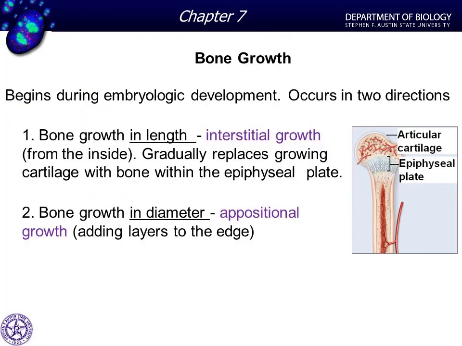Again, just a reminder, interstitial means within. And this interstitial growth, we can talk about our epiphysial growth plate, and we're going to on the next slide. But understand too, when osteoclasts remove bone matrix and they remove the osteocytes, when bone gets removed, you have to replace it.